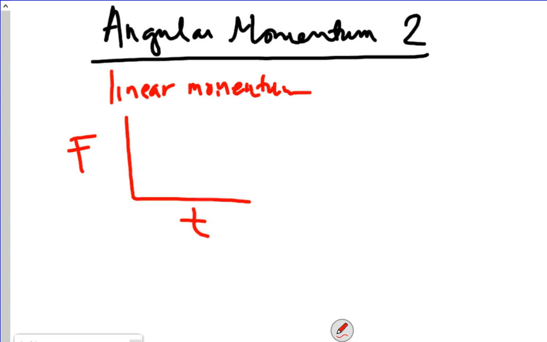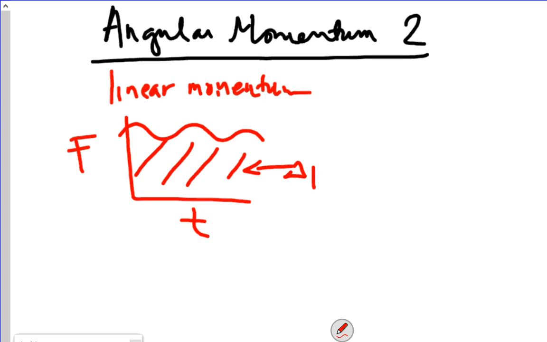That's our definition of impulse, right? And the area under the curve is going to be the change in momentum. So we take the area under the curve with respect to time, and that gives us our linear momentum.